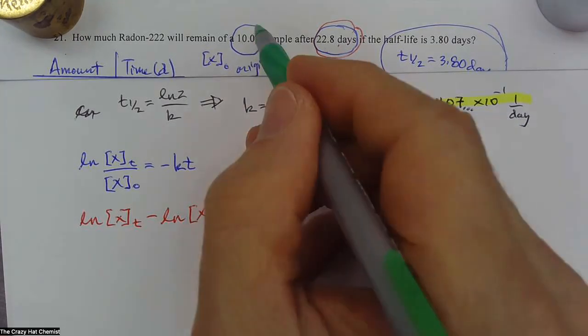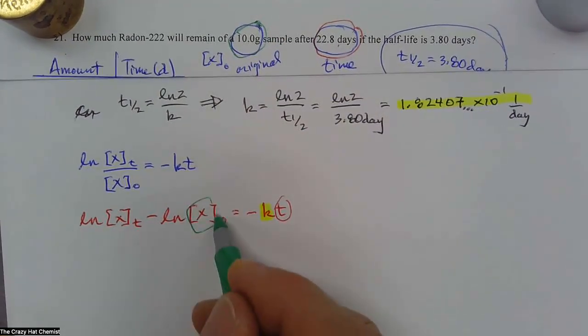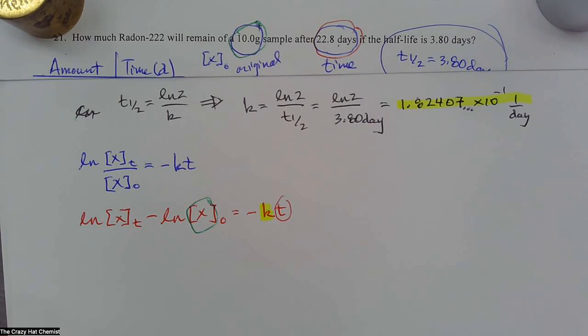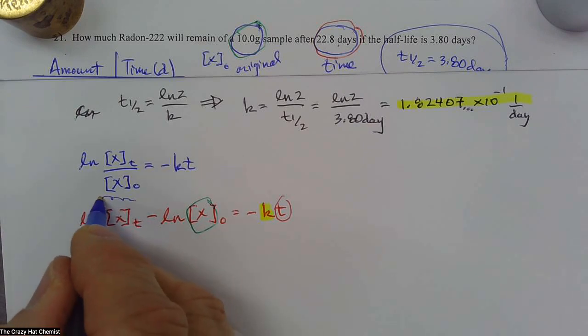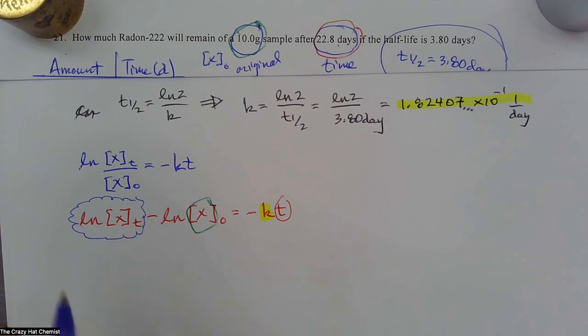The amount that we have originally is right there. So we are going to be solving for this right here, the amount at concentration time t. So that's what we don't have.